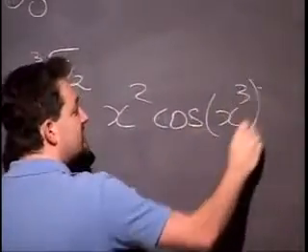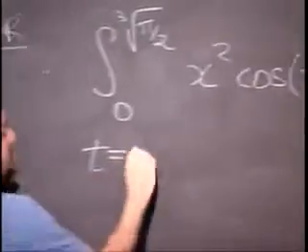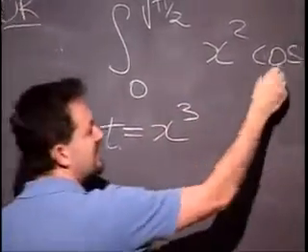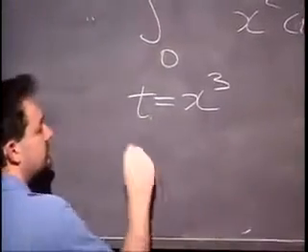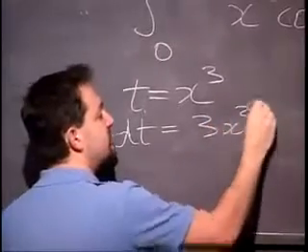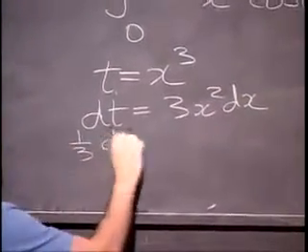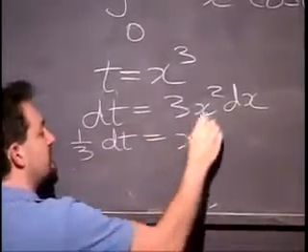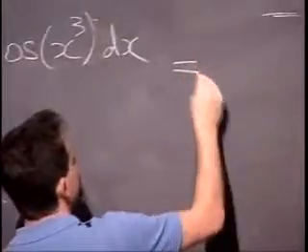How did we do the indefinite integral? What we did was we let t be equal to x cubed, because we were trying to take cosine of it, and it's nasty, so we'll let t be x cubed. We saw that dt was 3x squared dx, which inspired us to write 1/3 dt was equal to x squared dx. And what we started doing was we replaced bits and pieces of this integral.